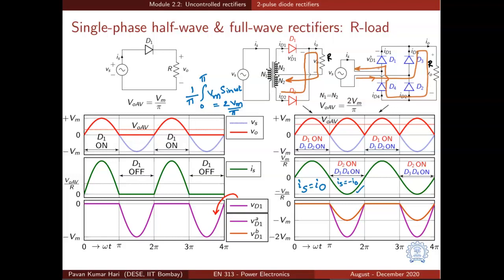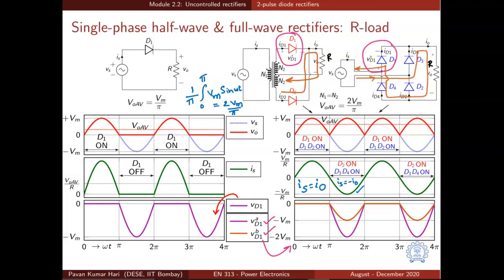And what is the difference between these two full wave rectifiers? The difference lies in voltage across the diode, the voltage seen by the diode when it is off. So the voltage across diode in 2 diode rectifier is denoted as VD1A, and the voltage across diode in 4 diode or bridge rectifier is denoted as VD1B, and they are shown plotted here, VD1A and VD1B.